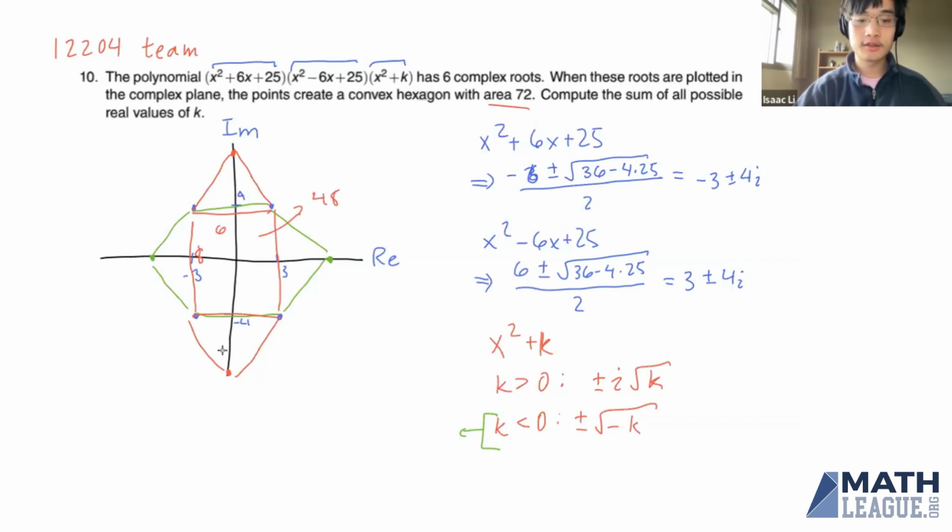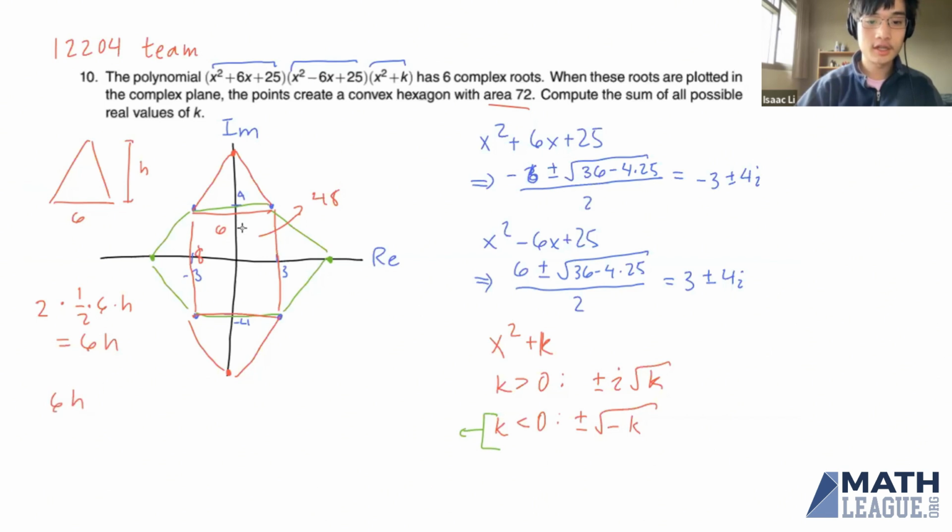These 2 triangles have bases of 6 and a height that we would like to find. If this height is h, then the areas of both triangles sum to 2 times 1/2 times 6h, or just 6h. We want the combined areas of the 2 triangles and the rectangle to equal 72. Now we solve for h.